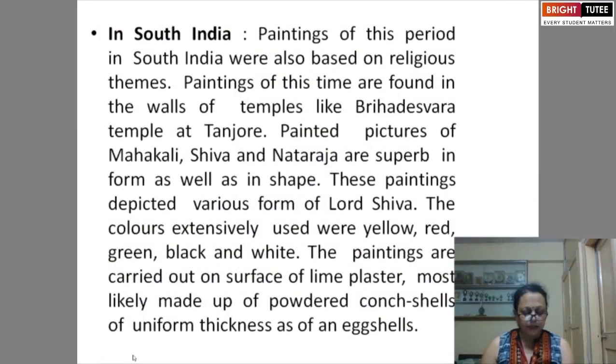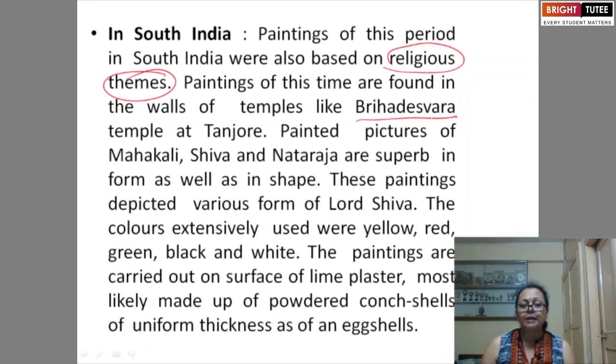Now coming to discuss South India. What type of paintings were there in South India? Paintings of this period in South India were also based on religious themes. Paintings of this time are found on the walls of temples like the Brihadeswara temple in Tanjavur, at Tanjore.